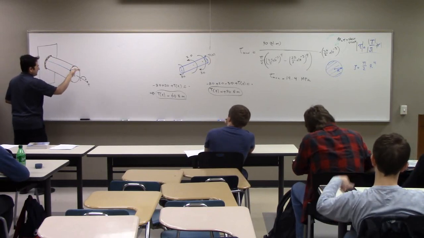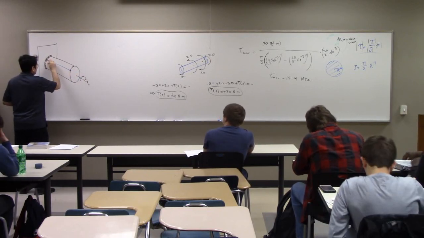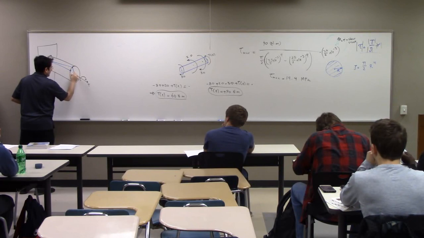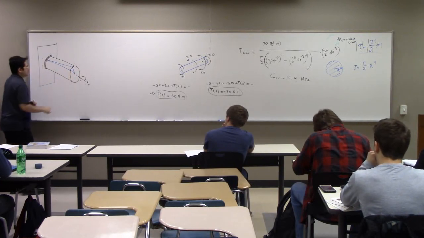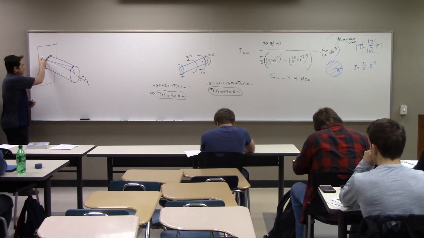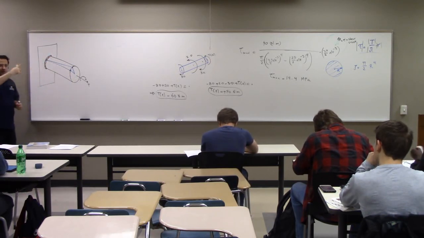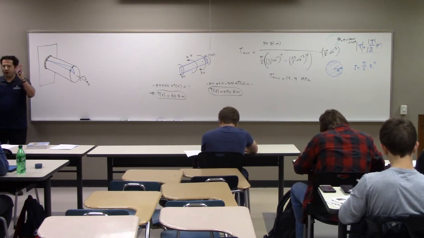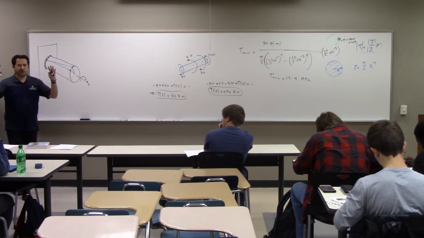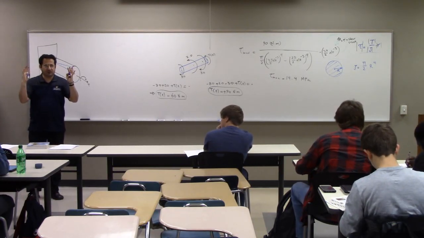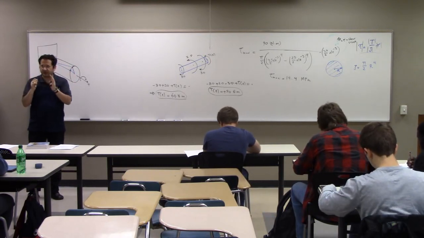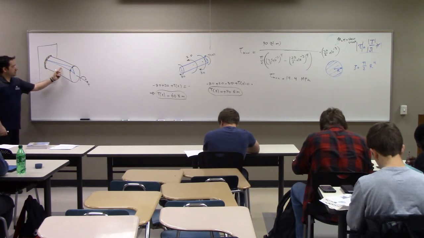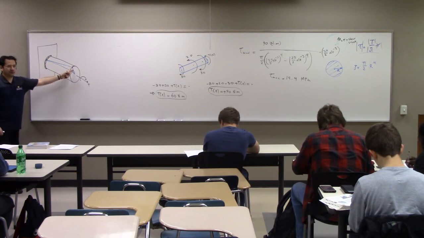Any point here, with the torque applied like that, is going to deform like that. You see that? The farther from the base, because these points are fixed to the wall, they're not going to rotate or move. Just like the axial load, when we had two walls, you remember the example? There were two walls blocking the object, so there was no room for the object to go from left to right. So this point is not going to move. But when I go a little bit to the right, I have more angle of deformation.